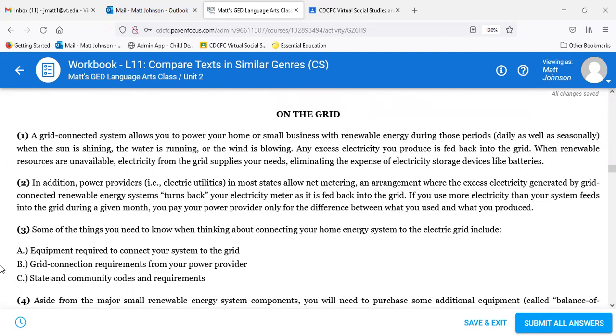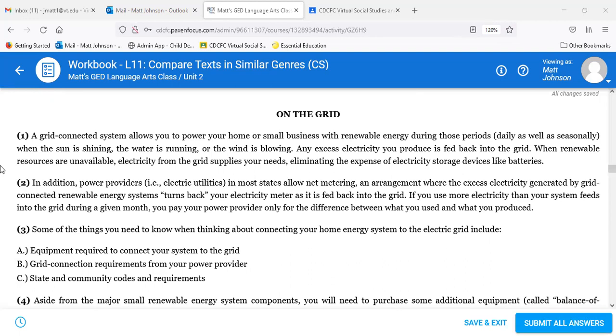Okay. On the grid, a grid-connected system allows you to power your home or small business with renewable energy during those periods, daily as well as seasonally, when the sun is shining, the water is running, or the wind is blowing. Any excess electricity you produce is fed back into the grid.